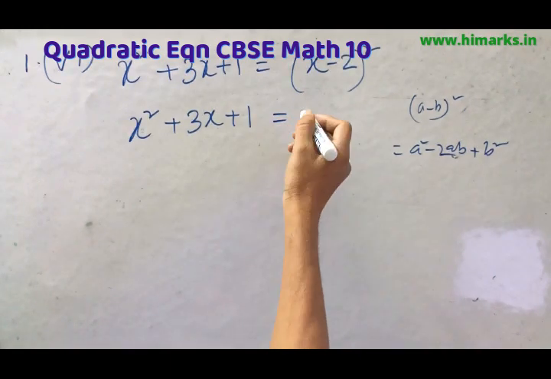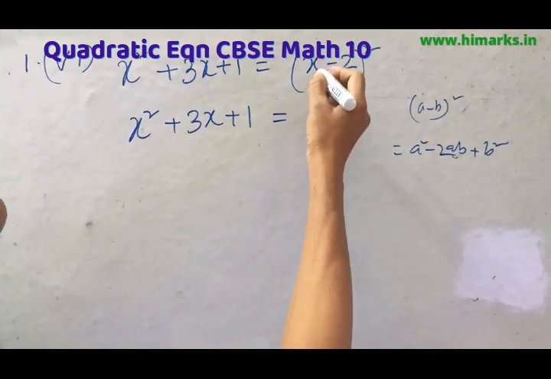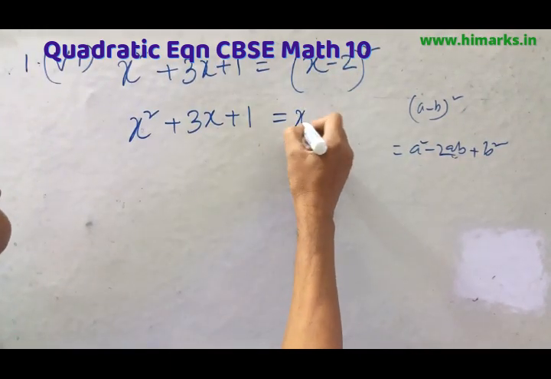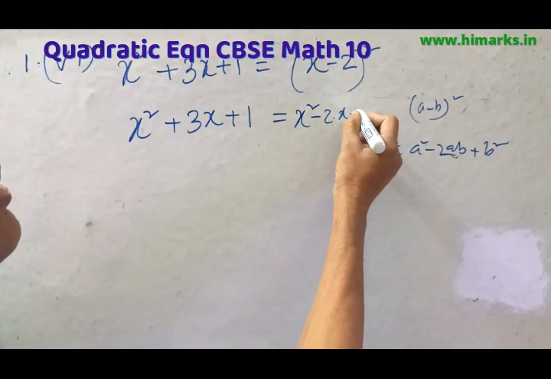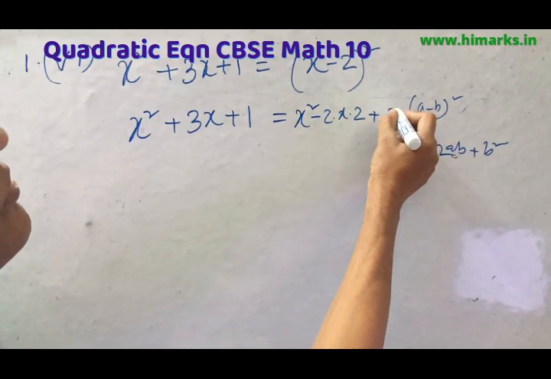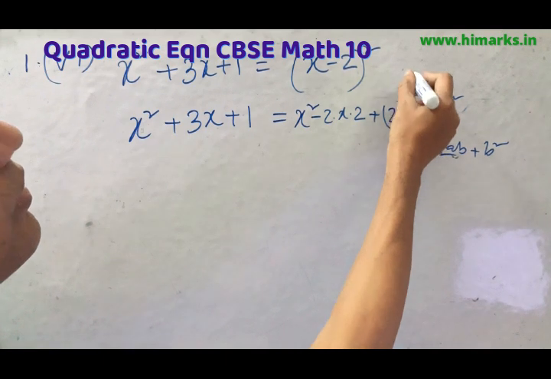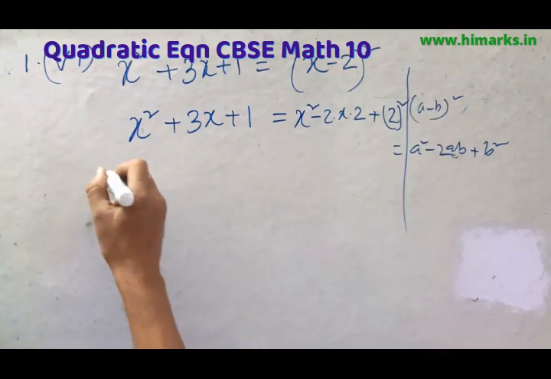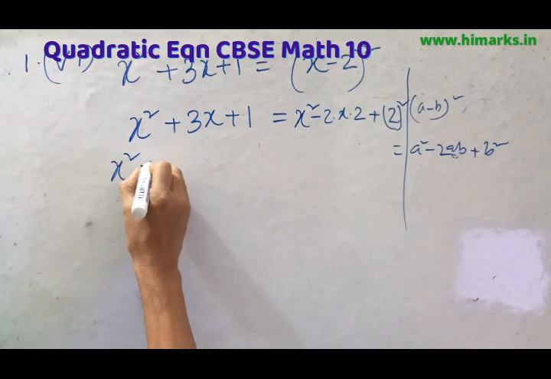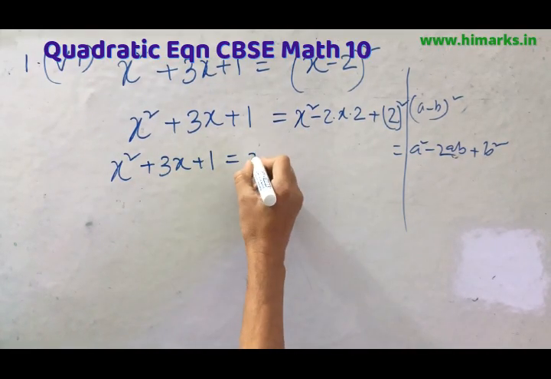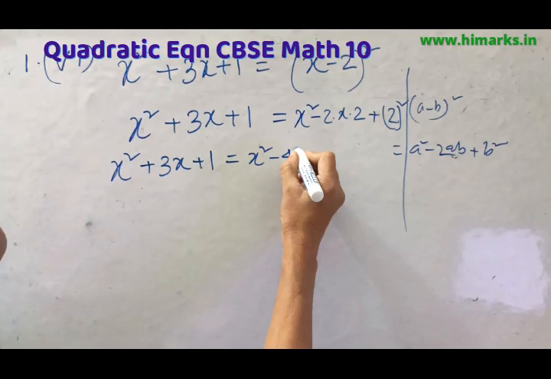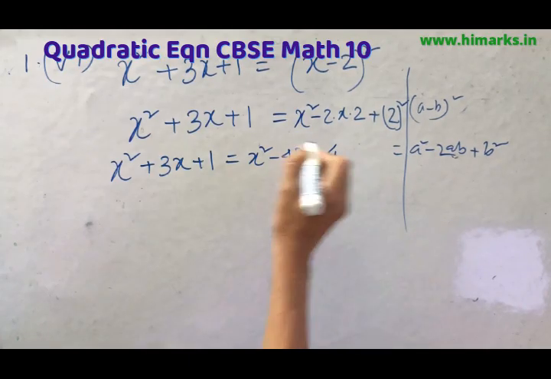So here it will be x square minus 2 into x into 2 plus 2 whole square. Okay, so let us simplify the right hand side. X square minus 4x plus 4.